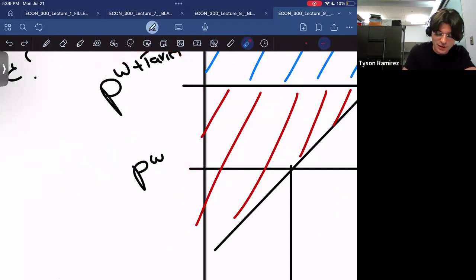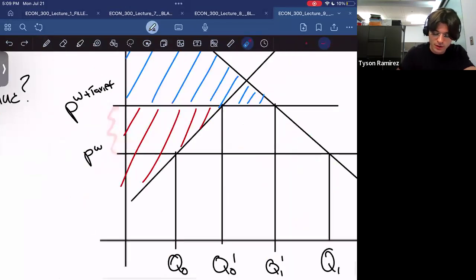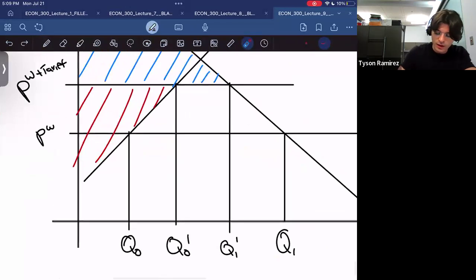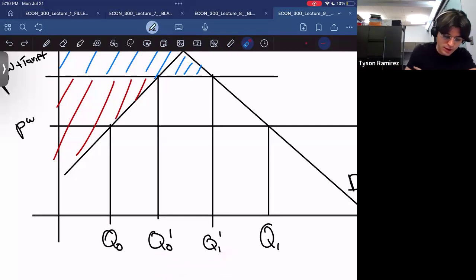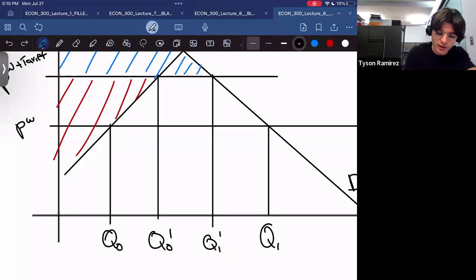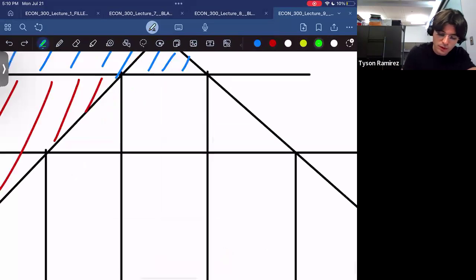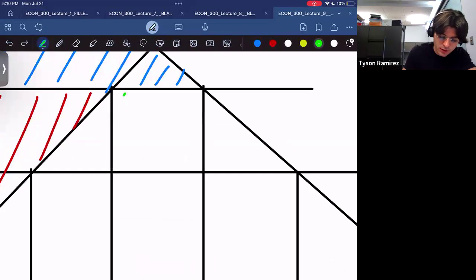The only difference is the tariff itself. And then we want to see how many things we are importing. We're importing this many things and we're capturing this much tariff for each thing. So the tariff revenue is all of this amount right here.